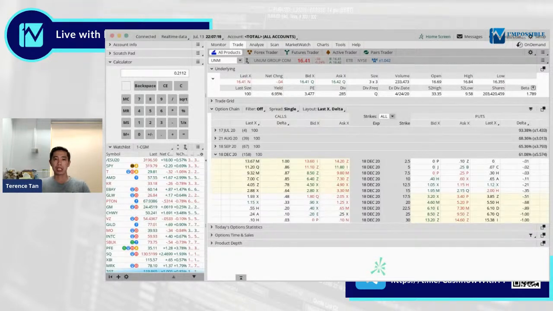Give me a couple of minutes as I structure the order on my brokerage trading account. Since the last done price seems to be 112, as someone has done it, I'm just going to attempt to do this at 112.